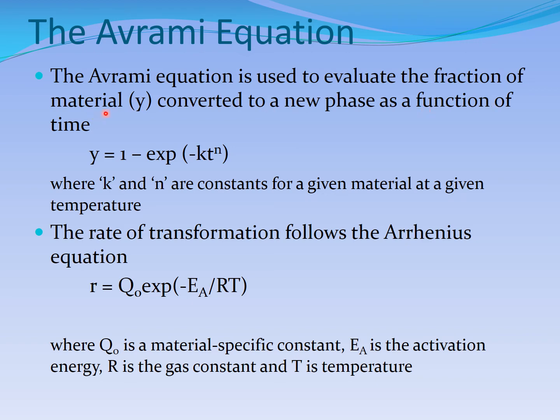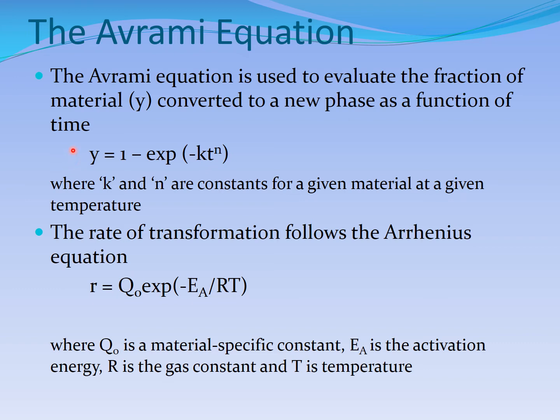You are transforming from austenite to ferrite, for example. So what fraction of austenite will be transformed into the new phase given time small t, right? So this is it. This K and n are constants for a given material at a given temperature. The small t is the time. Capital T will be the temperature if it is there, right?